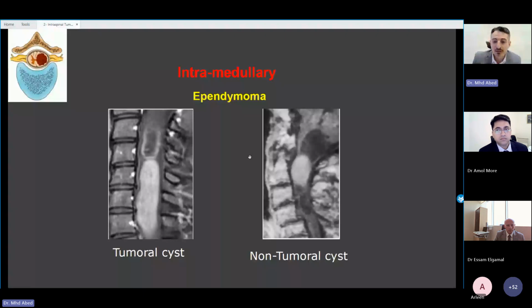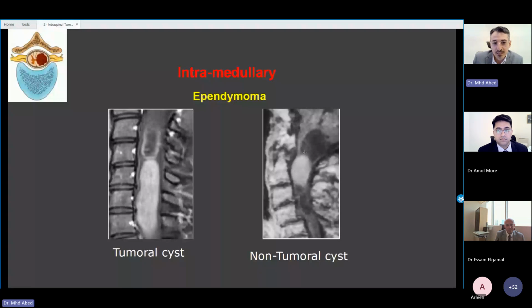While in this other patient, there is also a cystic component, but there is no evidence of any enhancement around it. So it might be a non-tumoral cyst. It's just because of the compression by the lesion itself.